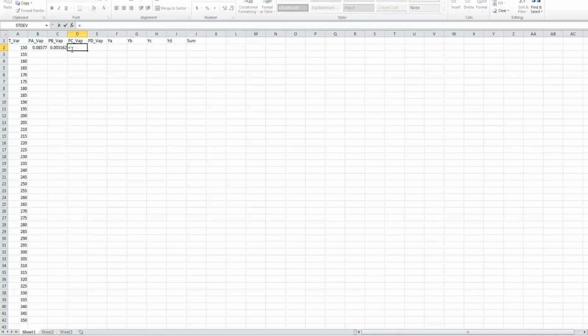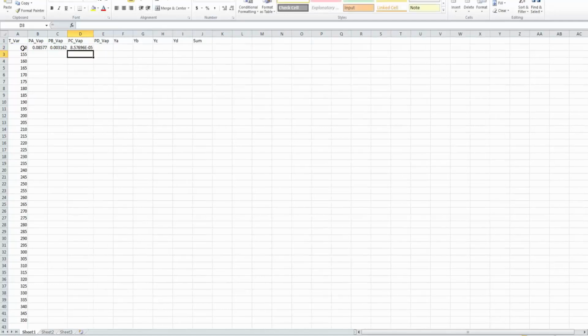Next, equal 10 raised to parentheses, negative 1300 divided by our temperature plus 4.6, enter. Next, 10 raised to parentheses negative 1200 divided by temperature plus 4.5, close parentheses, hit enter.